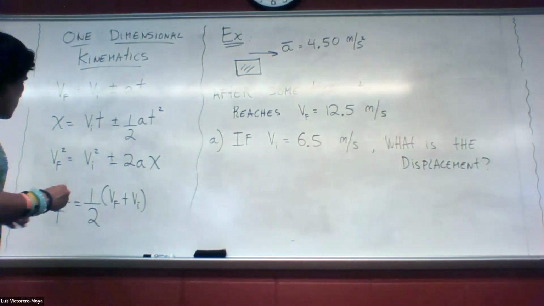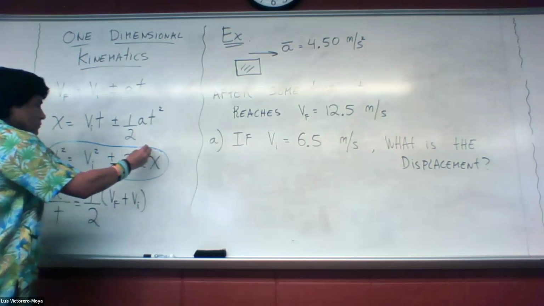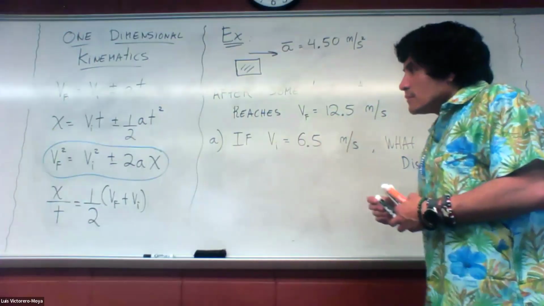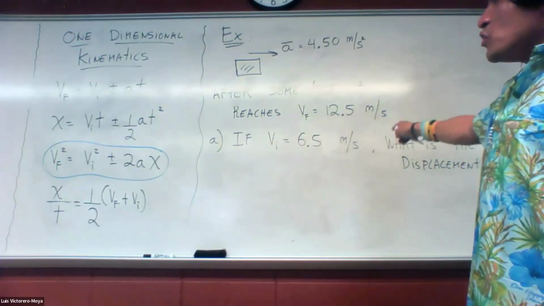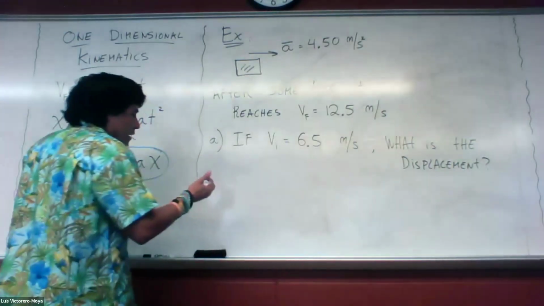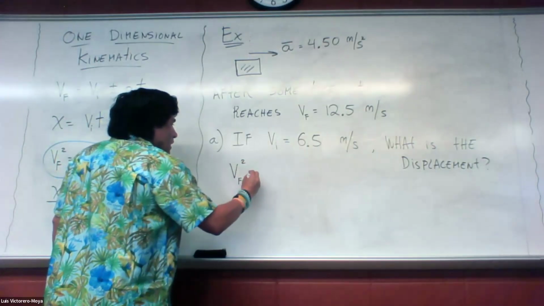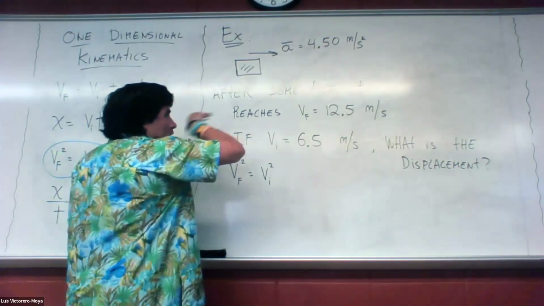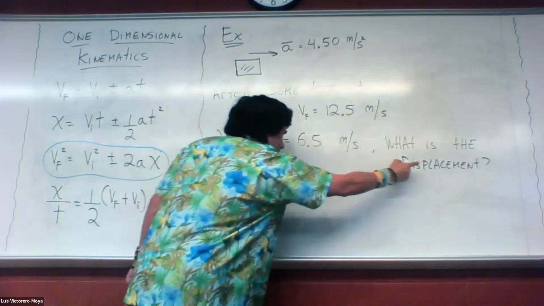So this equation here is a very nice equation, because in that equation you don't need time. You have the final, you have the initial, you have acceleration, you can solve for x. So now it's the algebra. V final squared equals v initial squared, plus 2ax, where x is the displacement, since it's accelerating.